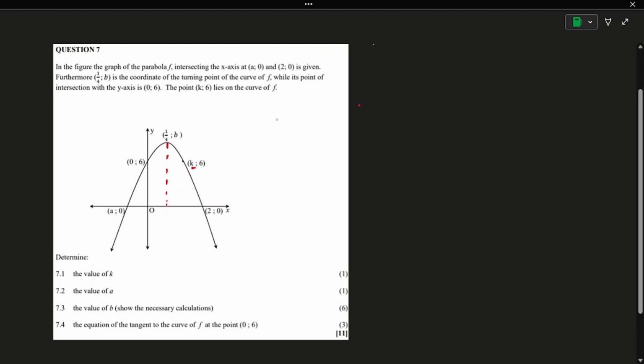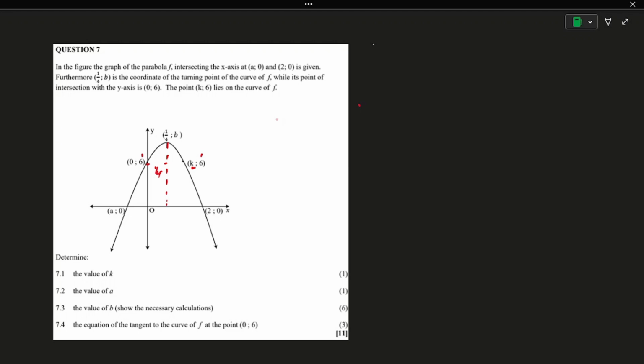So now, we know that the distance from here to here is 1/4 units, because we know that it's on the same line, because y is 6 on both points. If y is 6 on both points, it's a straight line parallel to the x-axis.